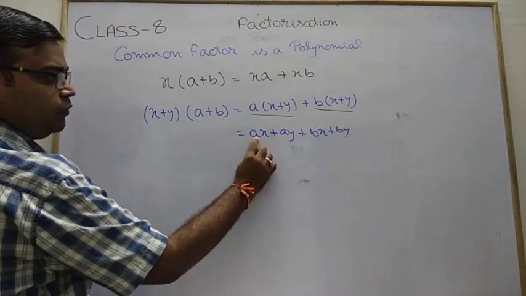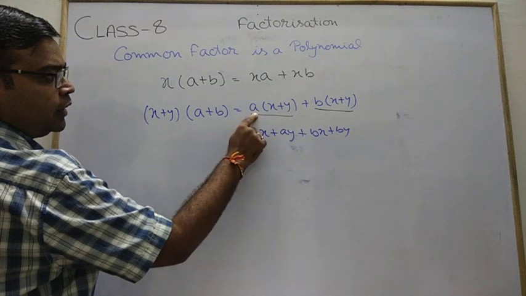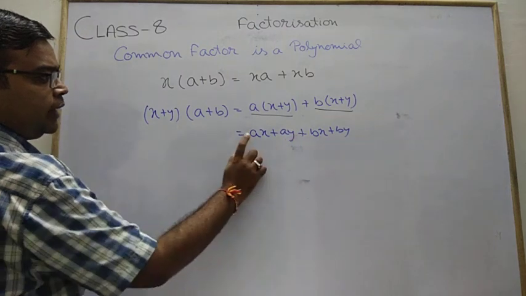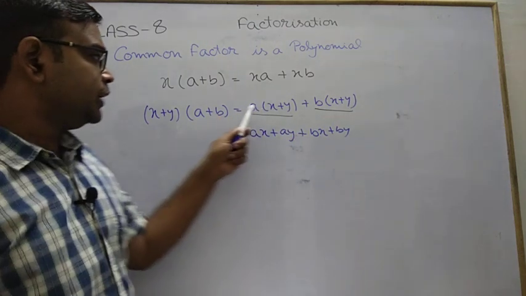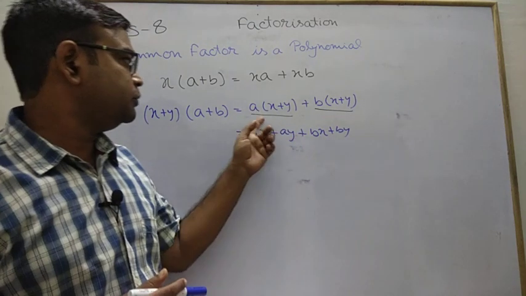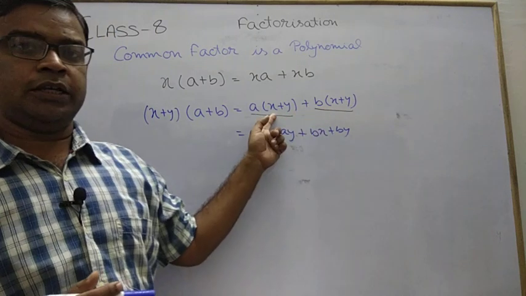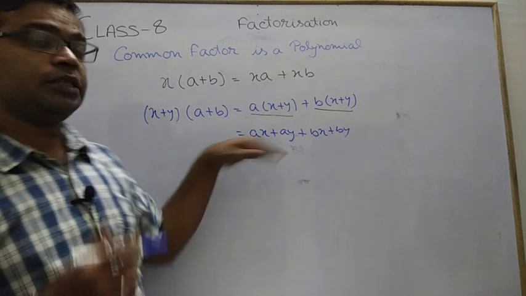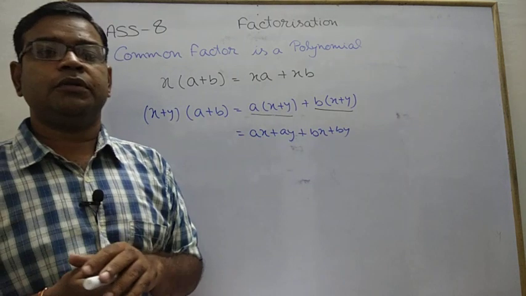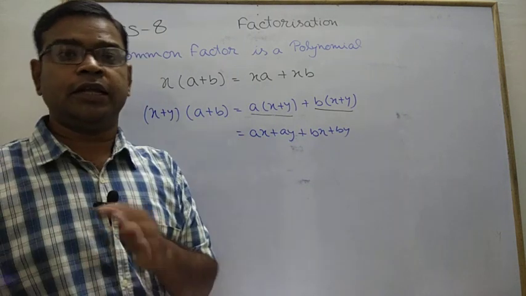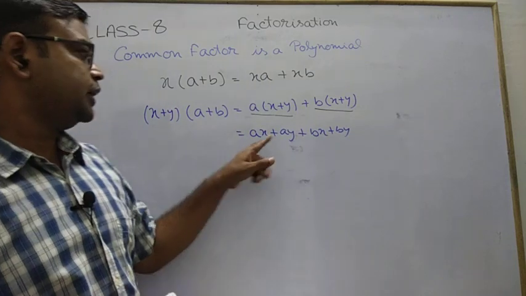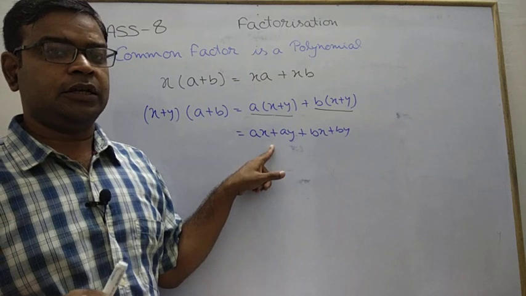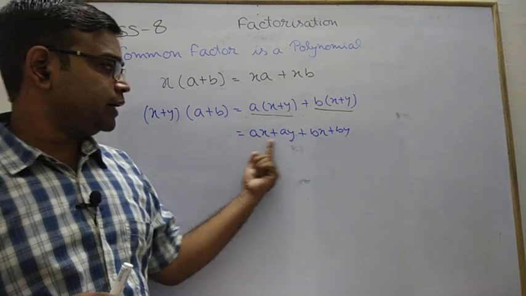From this expression we take a monomial common here, and from this we take a monomial common, that is b, and in this case it's a. Again, in the next step we observe that x plus y is common, so we take x plus y common. So this is one step higher factorization than the monomial. In monomial we simply take the common monomial factor and leave it as it is, but in this case first we take the monomial common.